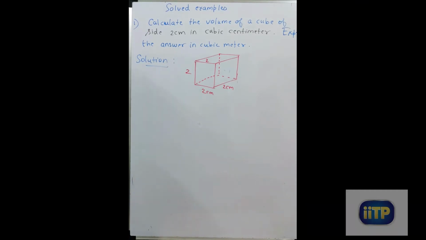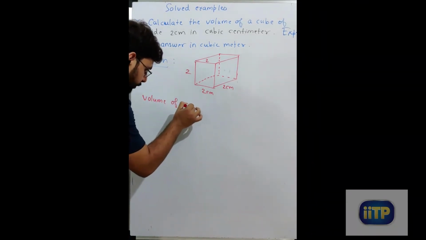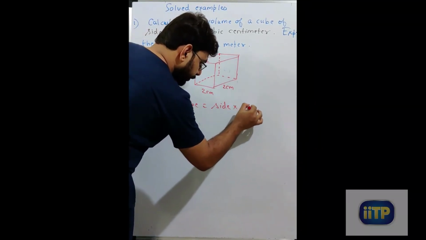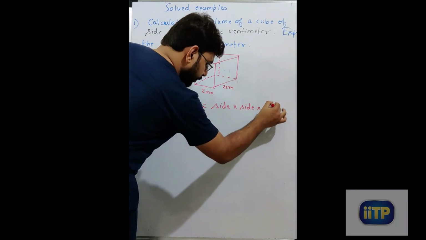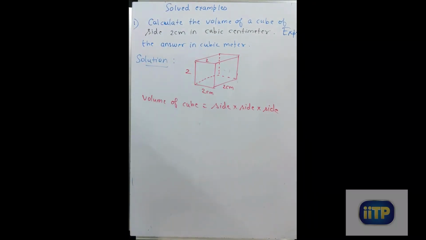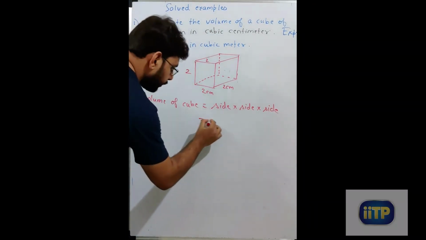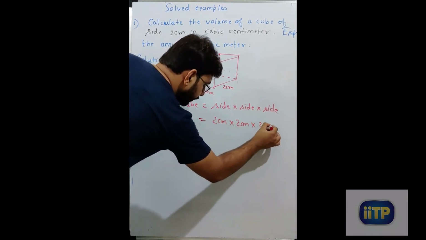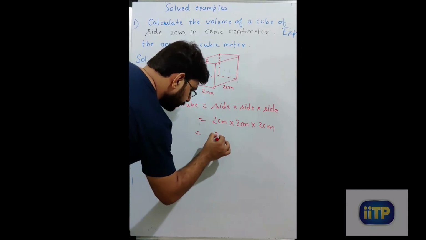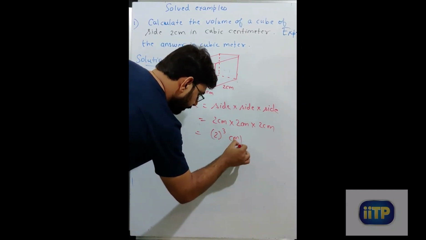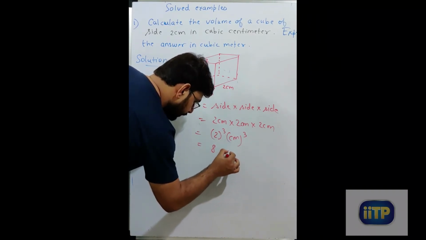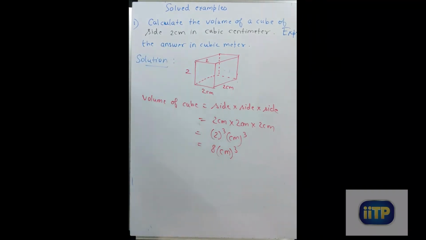The volume of a cube is given by side into side into side. That is the entire volume. Now 2 centimeter of one side, 2 centimeter of another side, 2 centimeter of third side. This will be 2 cube into centimeter cube. This will be 8 centimeter cube.